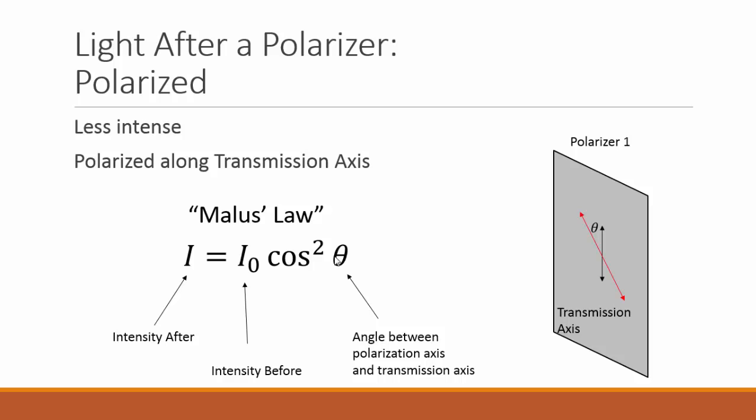So this is a formula that gives you precisely how much light makes it through if you have polarized light striking a polarizer, and it goes somewhere between entirely the same amount of brightness to entirely dark. All of the light makes it through if it's in the same direction, none of the light makes it through if it's perpendicular. Now the other thing is that after it goes through the polarizer, its polarization is now in the direction of the transmission axis. Okay? So it's now reoriented itself.